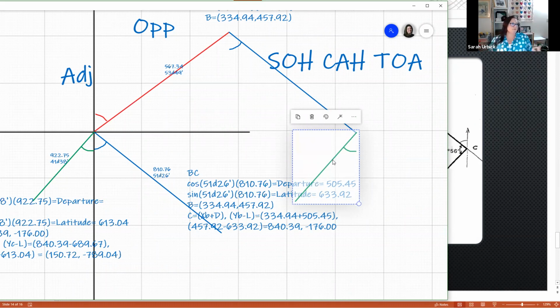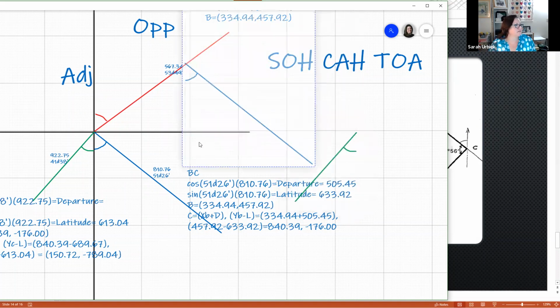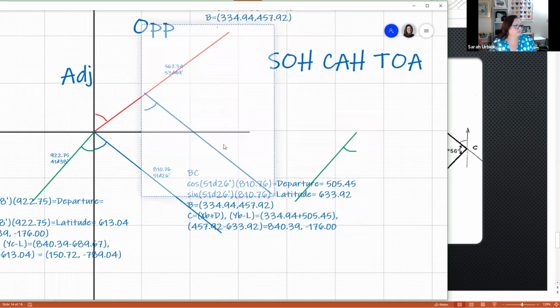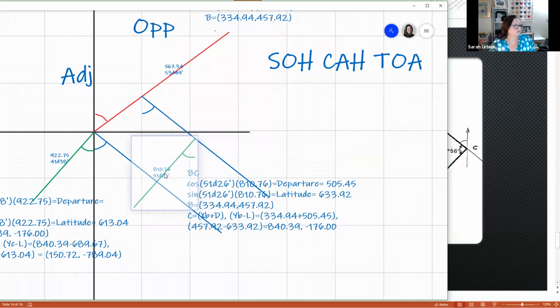Okay, I probably should have done the lengths to a better scale, make them something a little bit more manageable, because this line should be 922 feet, whereas my A line should only be 567 feet. So it should be much shorter. If we were more to scale, it'd probably be a little more like that, right?